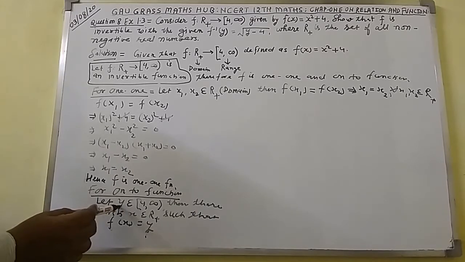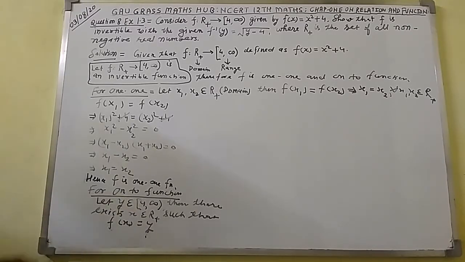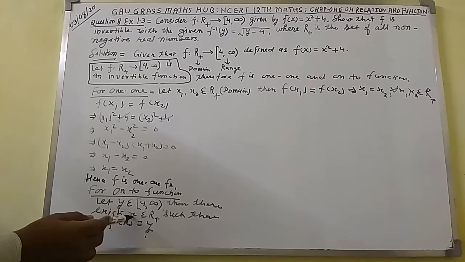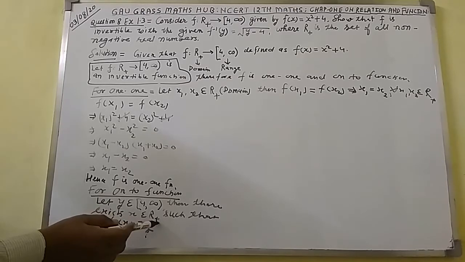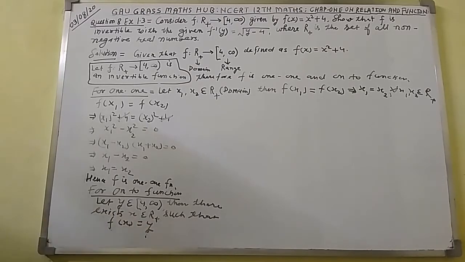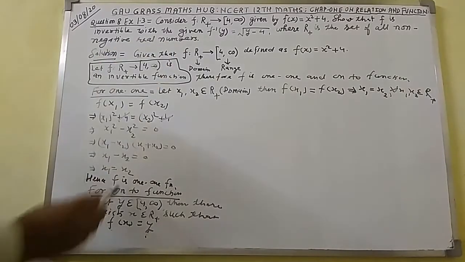Here y belong to range, this is range. Here you can see x belong to domain, capital R with positive is the domain. So like this you will write in order to prove this function as onto function.